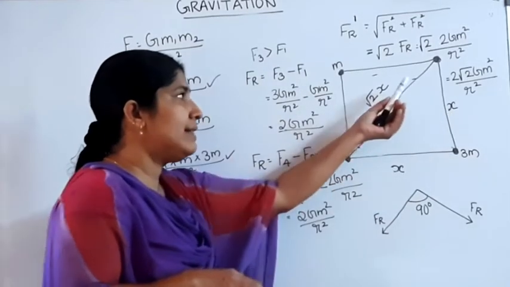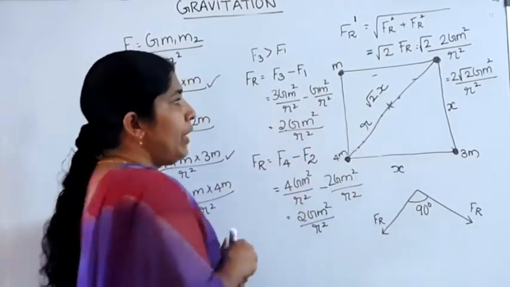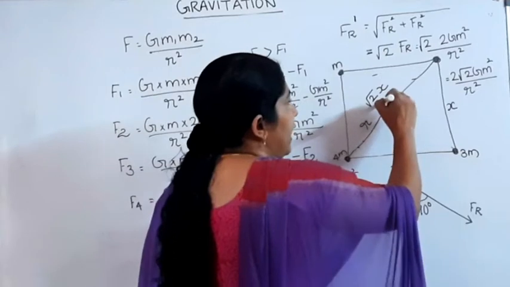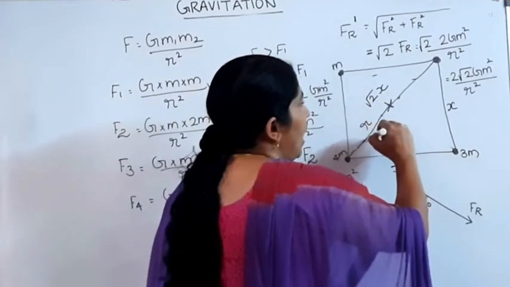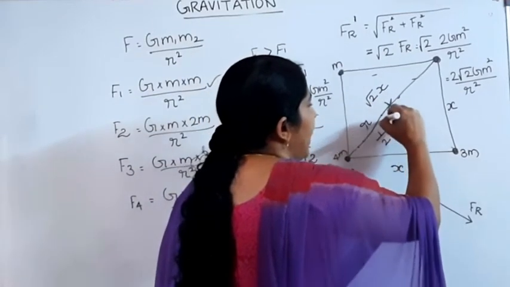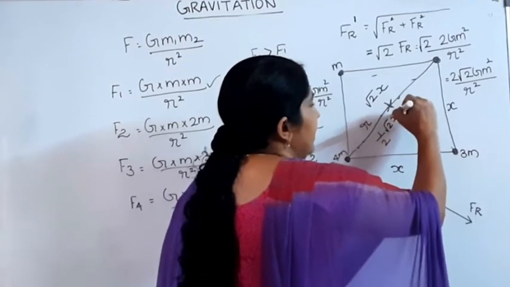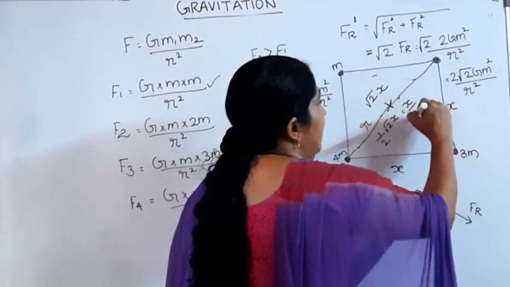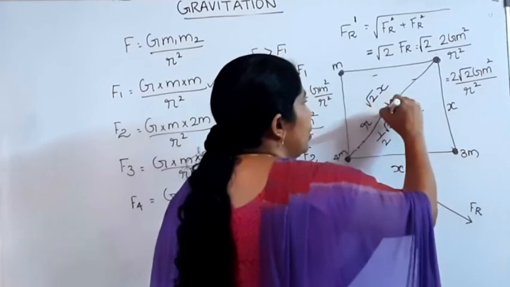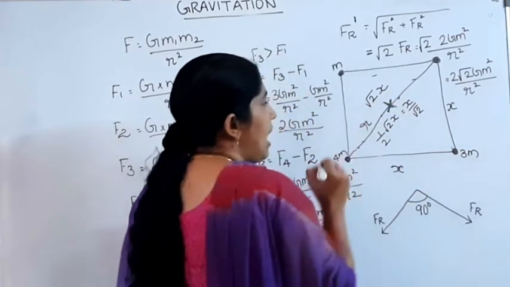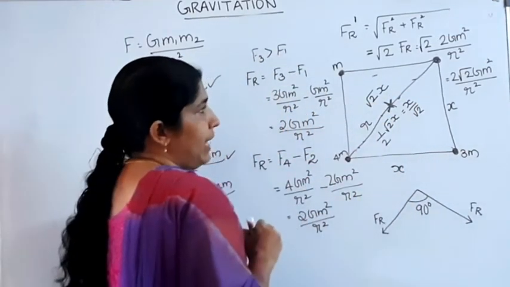Root 2 x is the diagonal. Then what about R? R is half of the diagonal. That's equal to half of root 2 x, which is x divided by root 2. Towards the center, the distance R is equal to x by root 2.